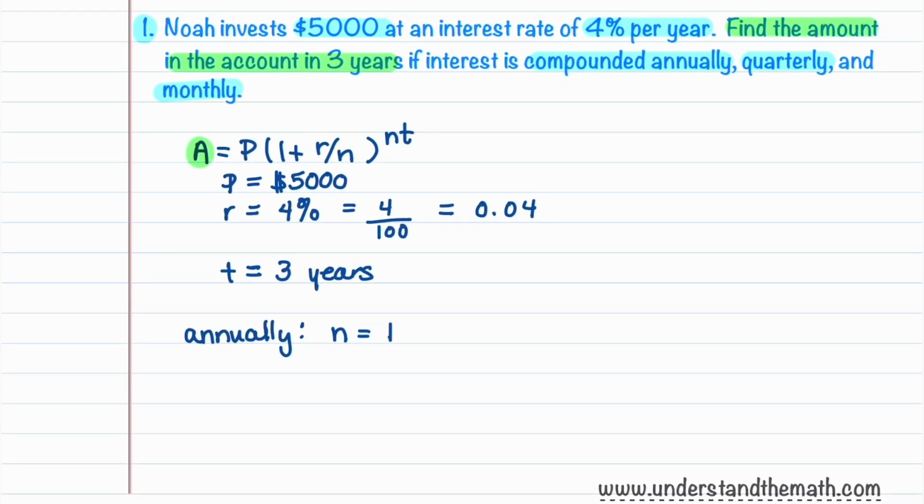Plugging all these values into our formula, we get that A is equal to P, which is 5,000, times 1 plus R, which is 0.04, divided by N, which is 1, raised to the N, which is 1, times T, which is 3. Now all we have to do is plug these numbers into our calculator.